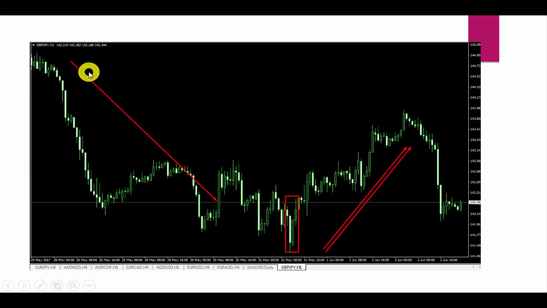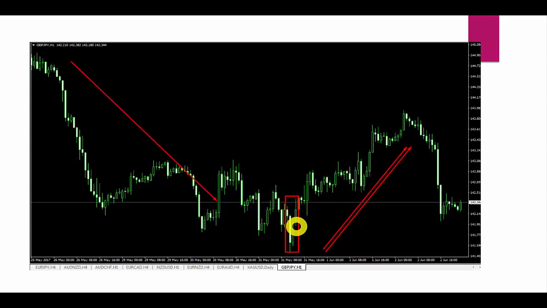Okay, GBP JPY H1 chart. You can see a perfect example of the three inside up candlestick pattern. First, the market was in a downward trend. The first candle is a bearish candle. The second candle has closed above the midpoint of the first candle, and the third candle is covering the entire body of the first bearish candle.